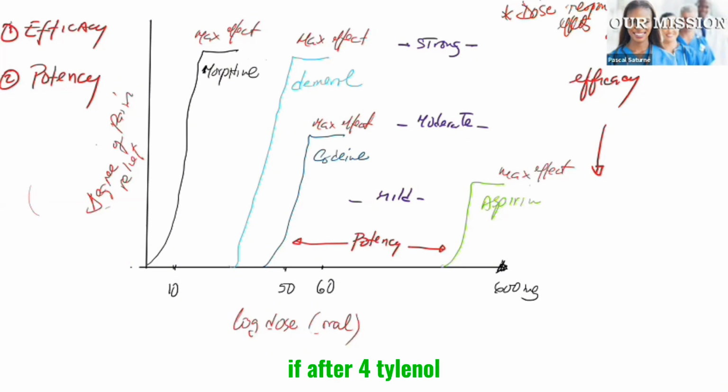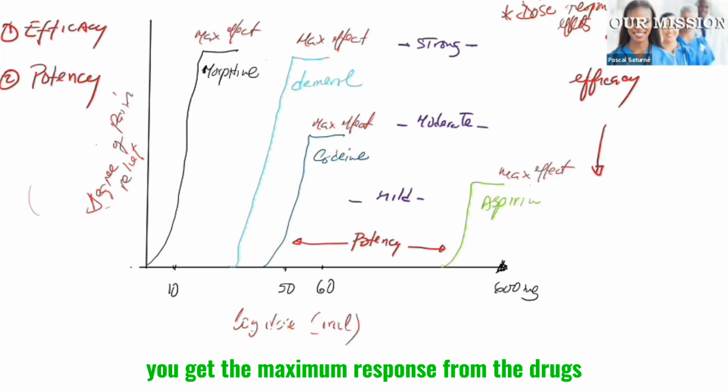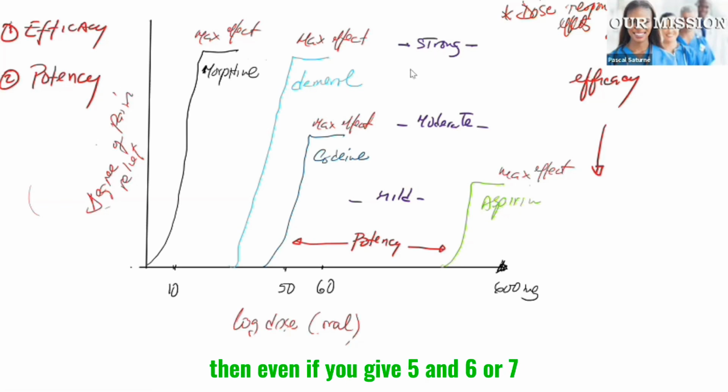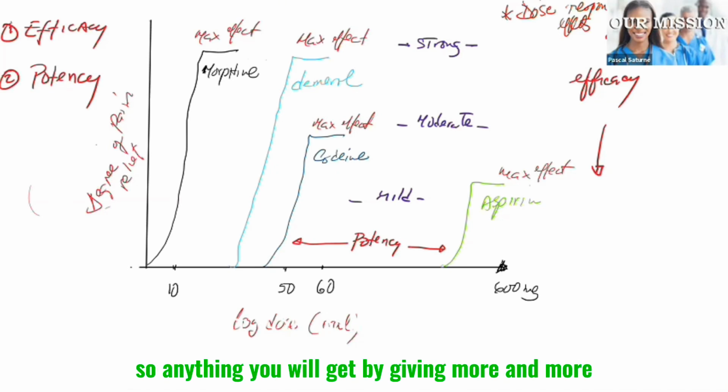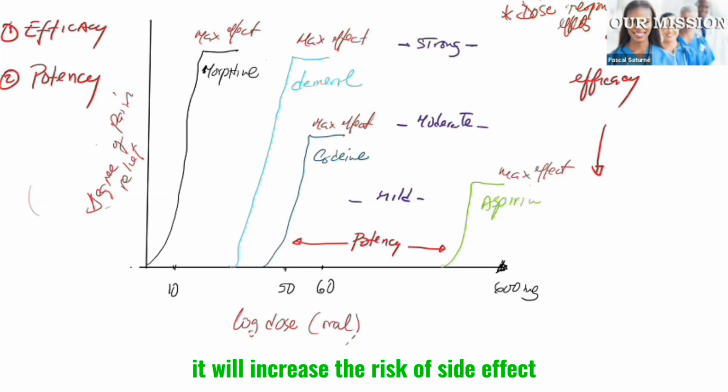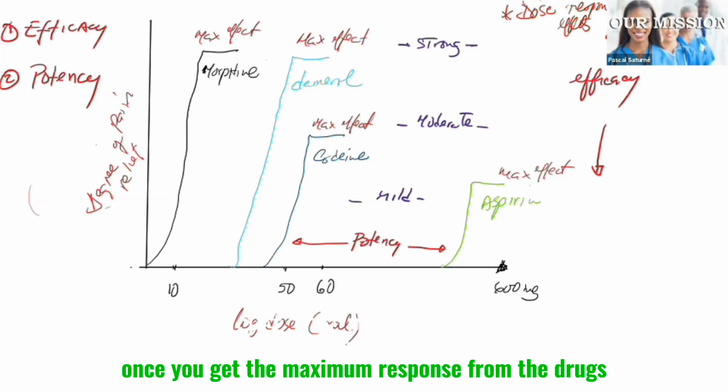If after 4 Tylenol you get the maximum response from the drug, then even if you give 5, 6, or 7, it will not change the effect because we already reached the maximum effect. So anything you get by giving more and more will increase the risk of side effects or intoxication, adverse drug reaction, once you get the maximum response from the drug.